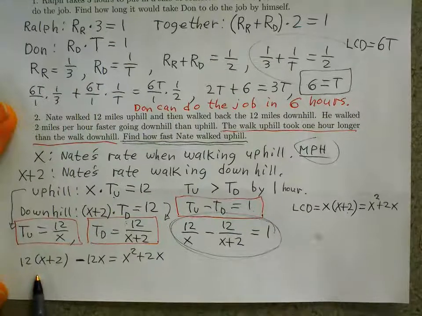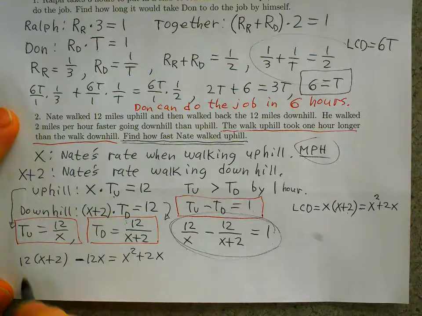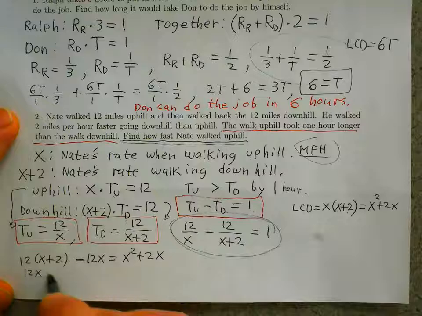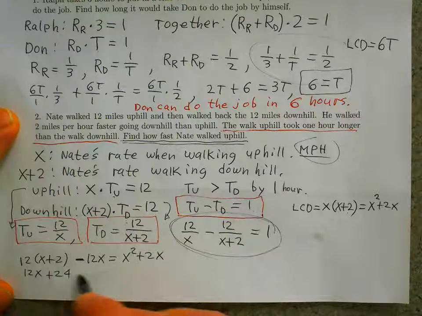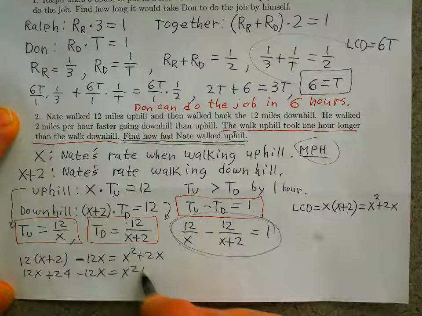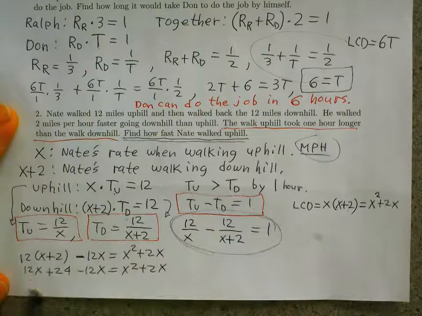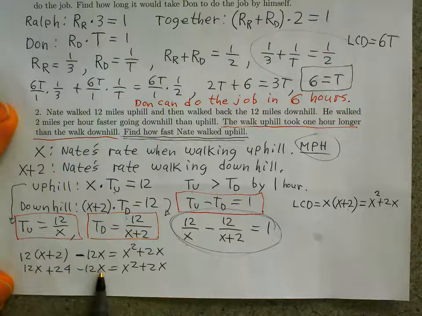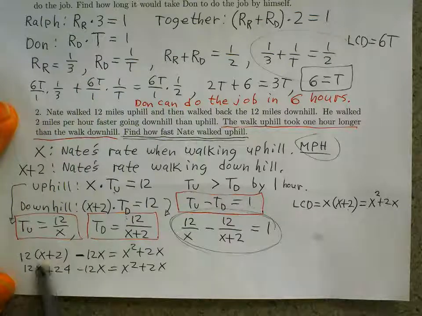And then we just solve this equation. On the left-hand side, 12x plus 24 minus 12x equals x squared plus 2x. The 12x minus 12x, those combine to make 0.